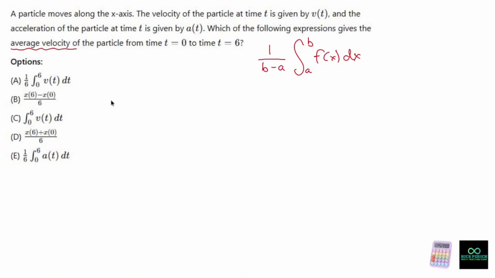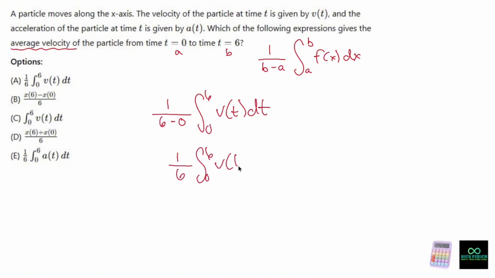So that's going to involve us taking 1 over, now here would be my a, here would be my b, 1 over 6 minus 0 times the integral from 0 to 6 of the velocity function, v of t dt. So to simplify that, we get 1 over 6 times the integral from 0 to 6 of v of t dt, and that gets us the average velocity of the particle.